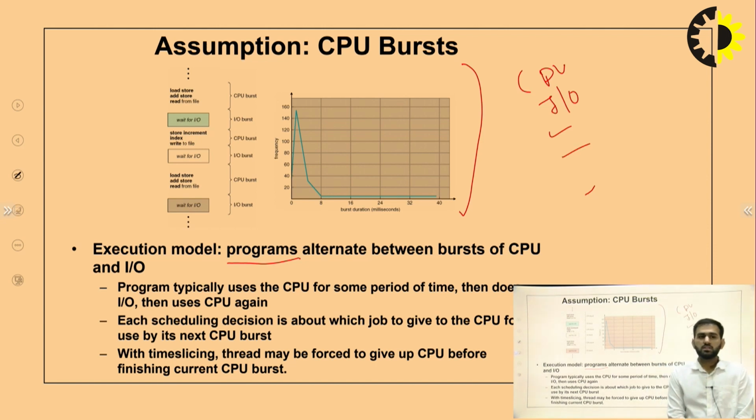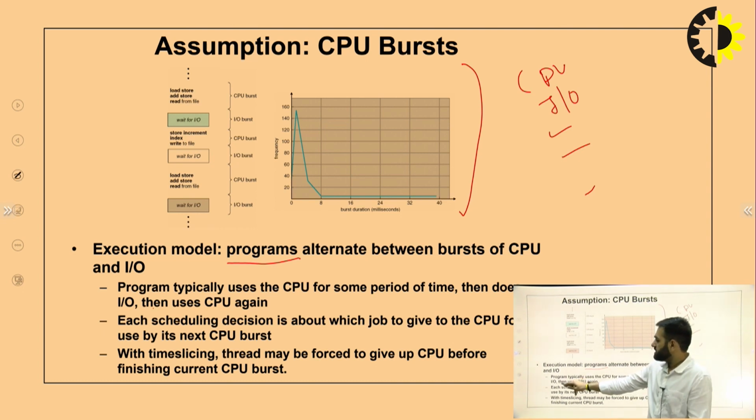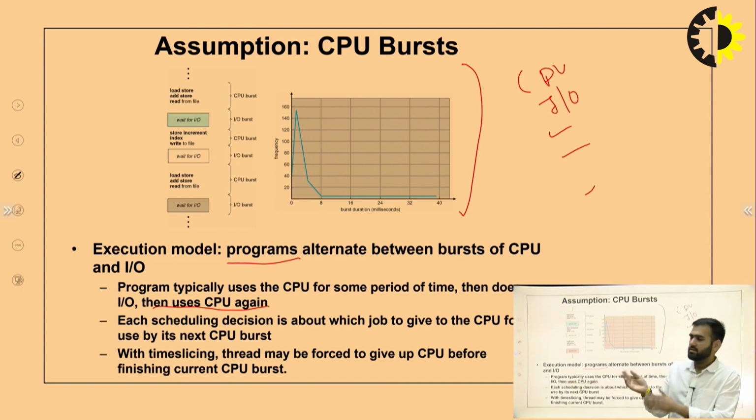A program typically uses the CPU for some period of time, then does input output, and then uses the CPU again. Now, each scheduling decision is about which job to give to the CPU for use by its next CPU burst. This is about the scheduling algorithm only: which process will get the CPU next.